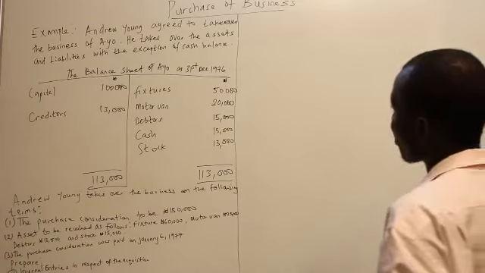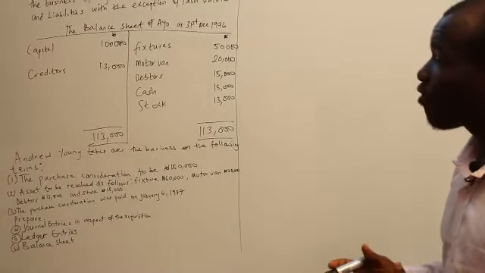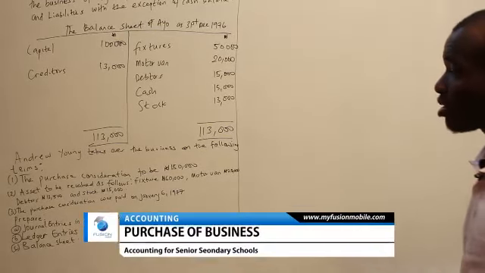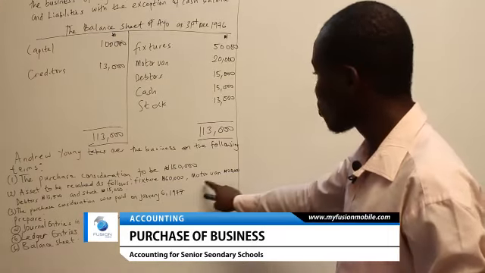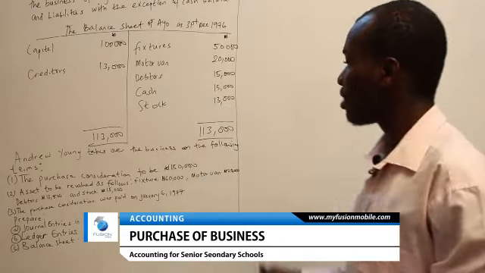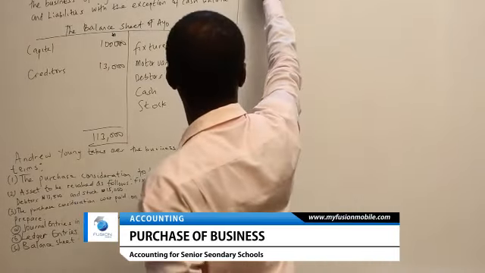Now the first thing we are going to do is to calculate our excess of purchase over net assets. So let's calculate our net assets in the period. The assets taken over are the fixtures, the motor van, the debtors, and the stock, but he is unable to take over the cash. There is a revaluation on that. So let's find the total assets in the period.